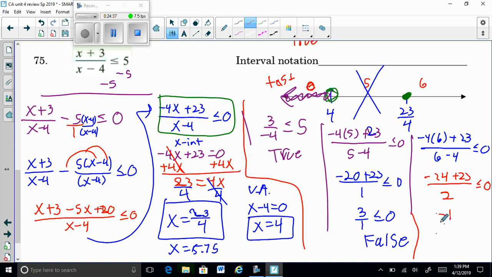So you end up getting negative 1 over 2. Well, negative numbers are all less than or equal to 0, so that comes back as true. And so we'll go ahead and shade. And so that interval is going to be from negative infinity to 4, not including 4. But then when I union it, over here, I am going to include the 23 over 4, the x-intercept, and then it's going to continue on to positive infinity.